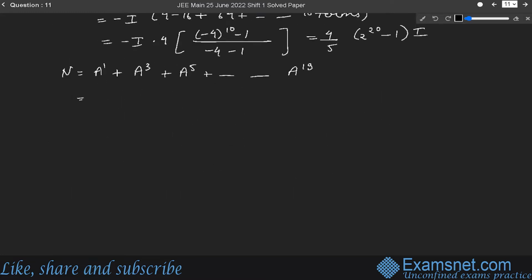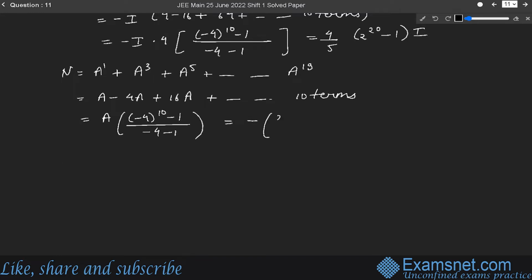It can be written as A minus 4A plus 16A plus so on up to 10 terms. These are the odd terms here. So taking A common, this will be (minus 4 power 10 minus 1) divided by (minus 4 minus 1).